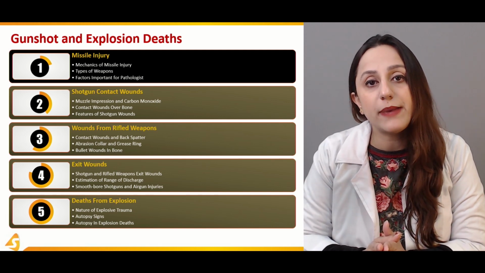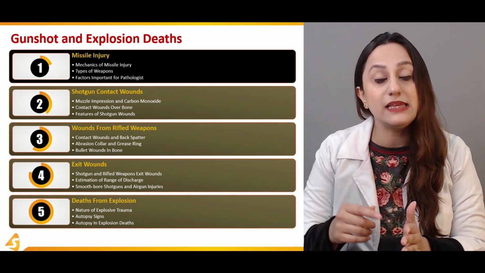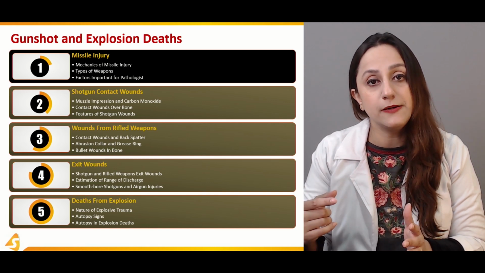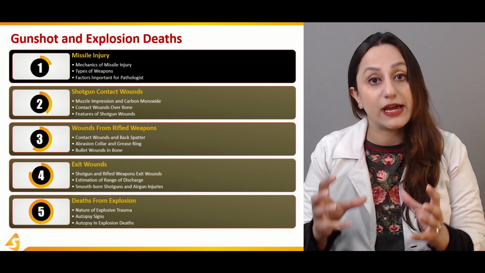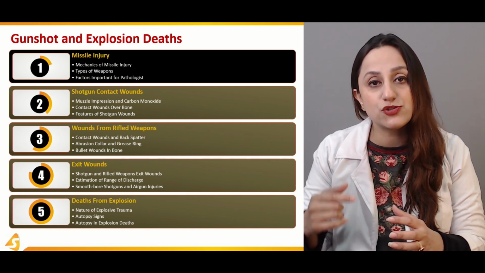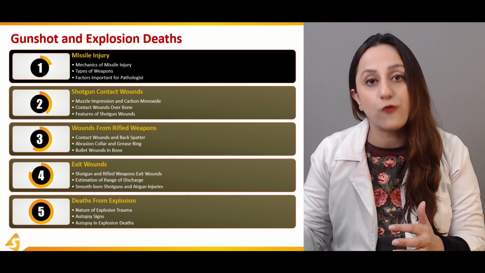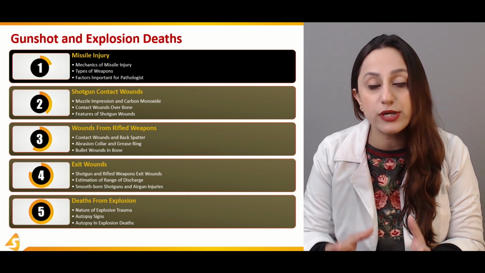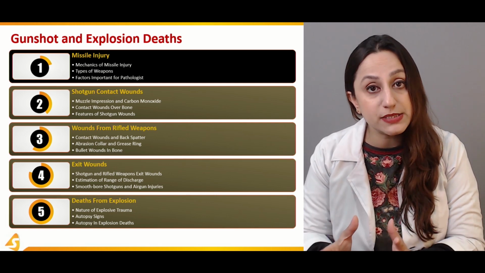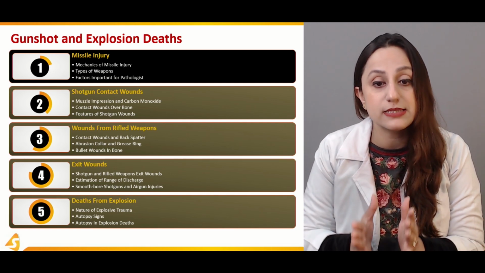And when we talk about the rifled firearms, there is a grooving phenomenon inside the rifles, so the bullet goes through a cylindrical axis and then moves forward, so it will cause more damage to the human body. So these are the two types of weapons that we'll be discussing in this section.